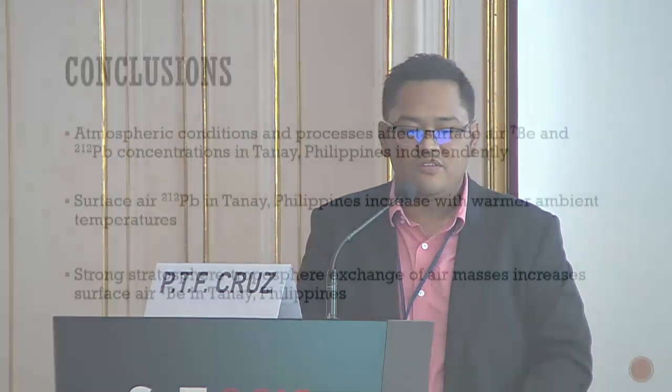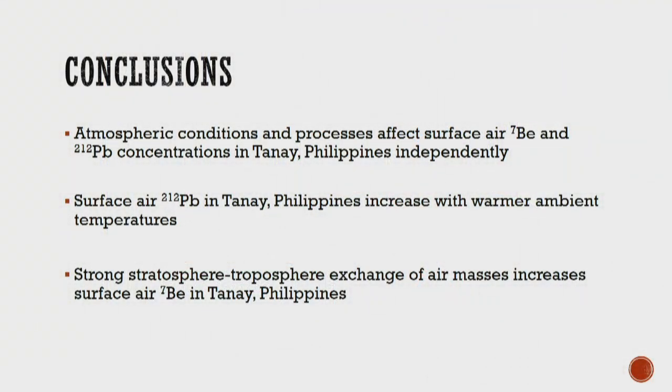The higher temperatures experienced during the months of March to May result in warmer and drier soils, thereby increasing the thoron release into the surface air. So for the conclusions, we find that the atmospheric conditions and processes affect surface air beryllium-7 and lead-212 concentrations in Tanay, Philippines independently.